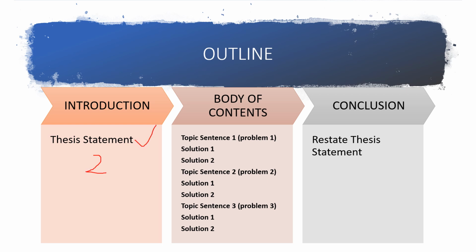In the first body paragraph, you need to write the first problem, followed by the first solution, and then the second solution. In the second body paragraph, you need to write the second problem, followed by the first solution, and then the second solution. And lastly, in the third body paragraph, you need to write the third problem, followed by the first solution and then the second solution.